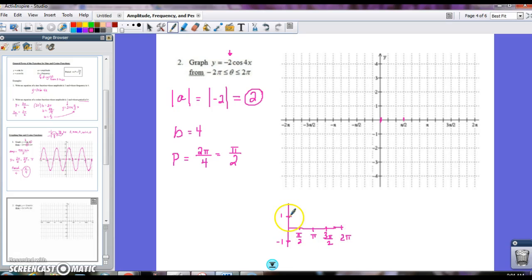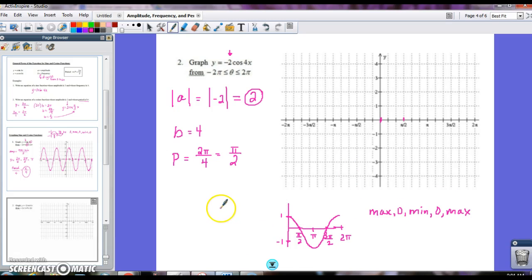So it starts at your max, goes to your 0, goes down to your min, goes back to your 0, and goes up to your max. So the pattern for the cosine graph is max, 0, min, 0, max. So it's a little bit different than sine, okay?